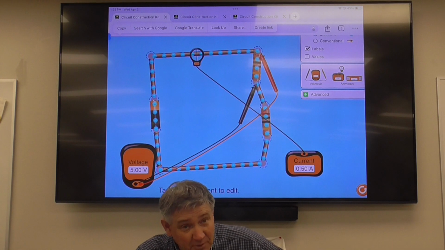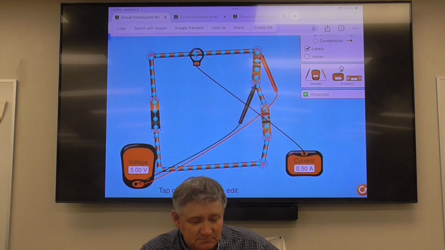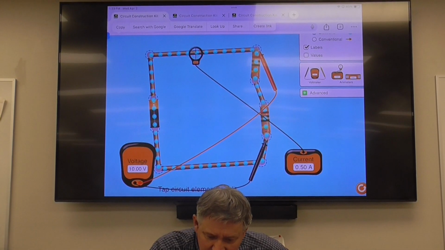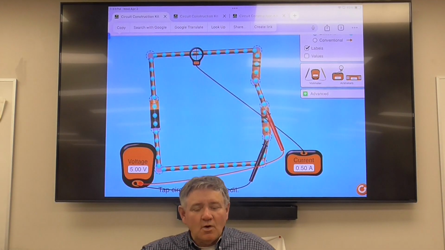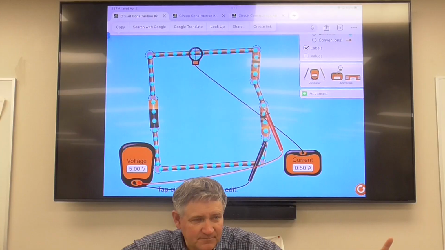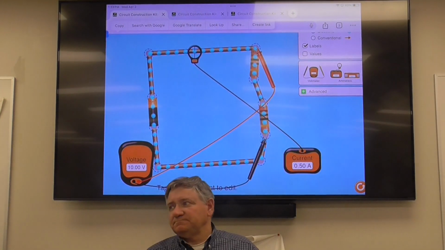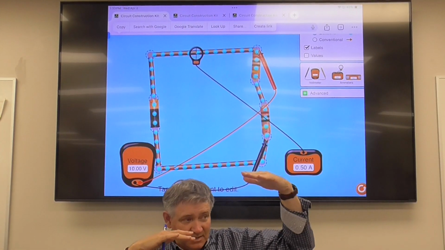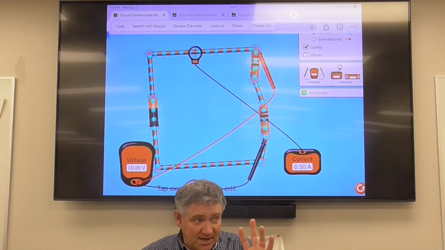Check my math, but 0.5 times 10 is 5. The next one, oddly enough, is also 5. But what would be the voltage drop across both of them? That would be 10. So the voltage drop across both of them is 10, but individually it's going to be 5.